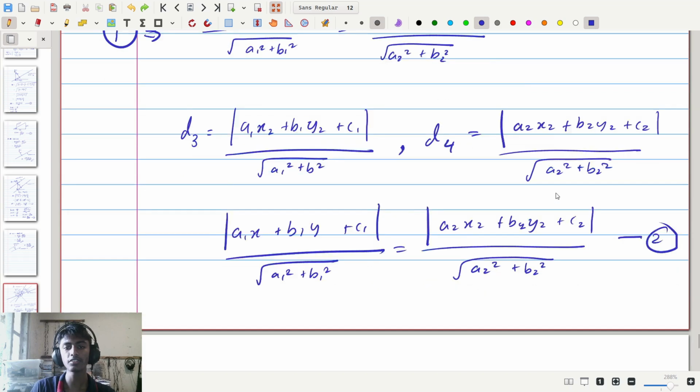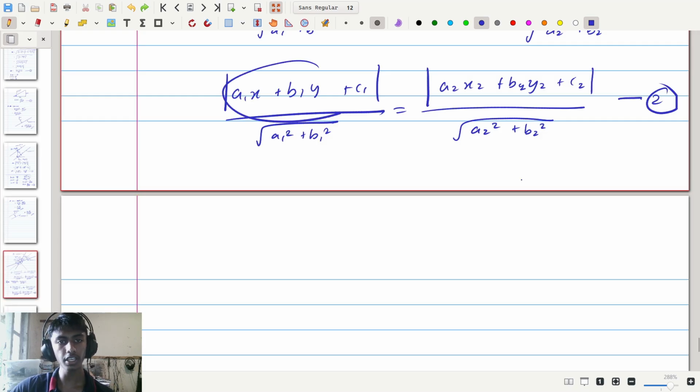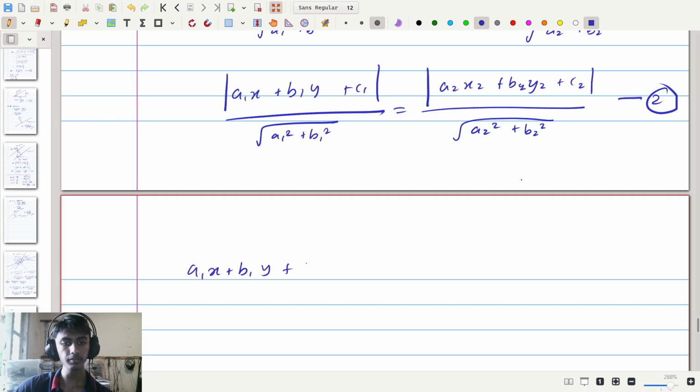Now then, let's consider equation number 2. In equation number 2, this line passes through regions where one of them is positive and the other one is negative. Therefore, supposing this thing is positive, we would not need the absolute value sign, so we could write it as a1x plus b1y plus c1 divided by the square root of a1 squared plus b1 squared.